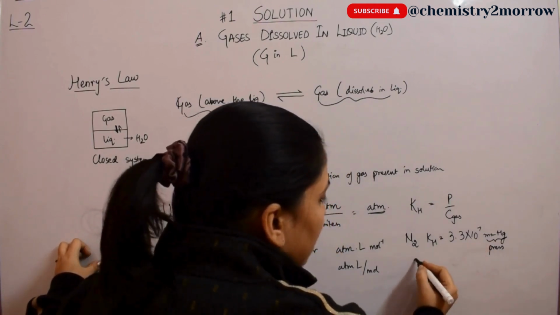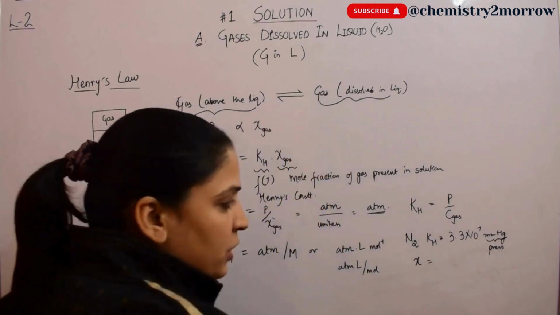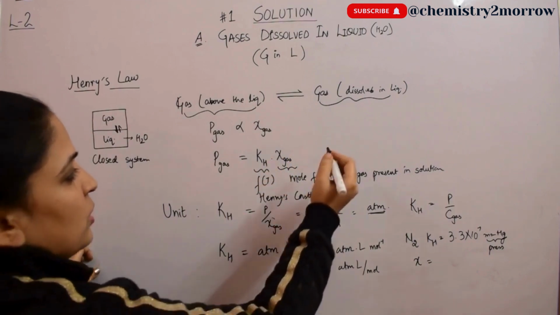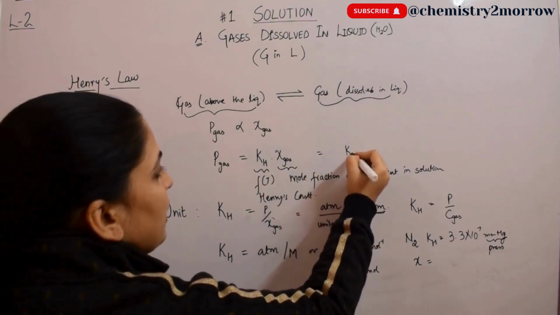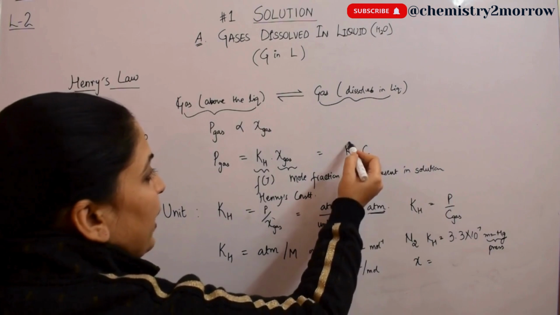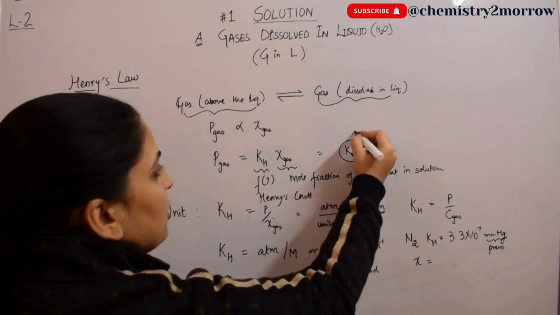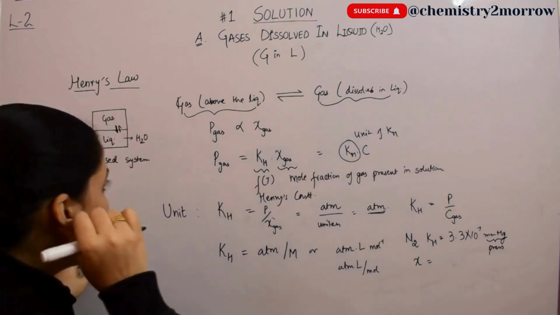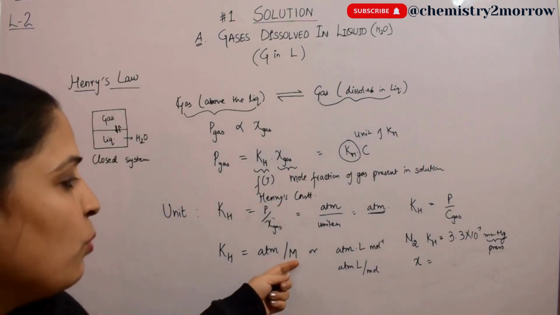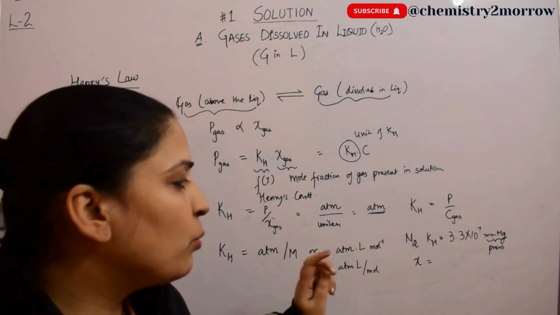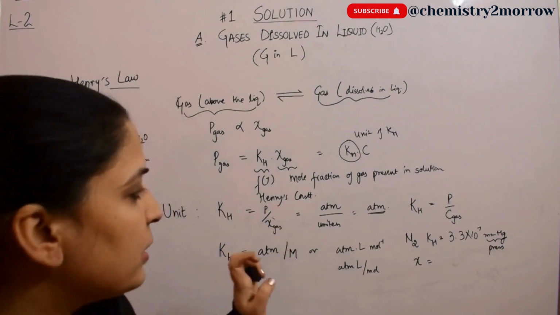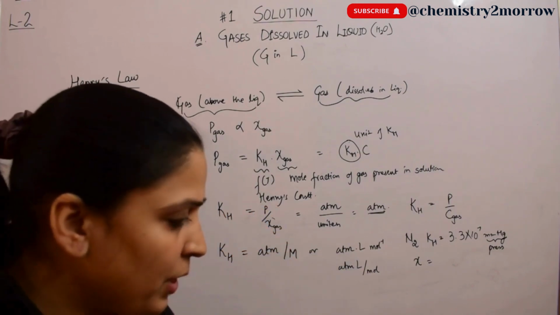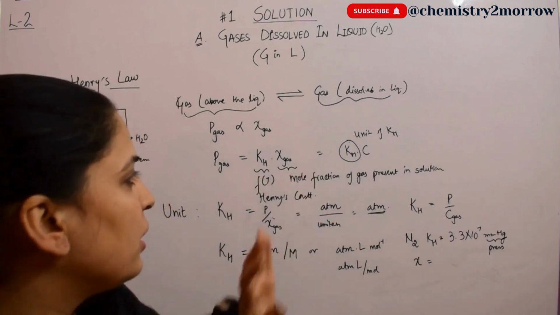It means it is a mole fraction that you have to consider in the equation. So this can also be written as P equals KH into C depending on the unit of KH given in the question. So sometimes the unit is expressed in terms of per molar or liter per mole, and sometimes it is just atmosphere. So depending on that, use the relation.